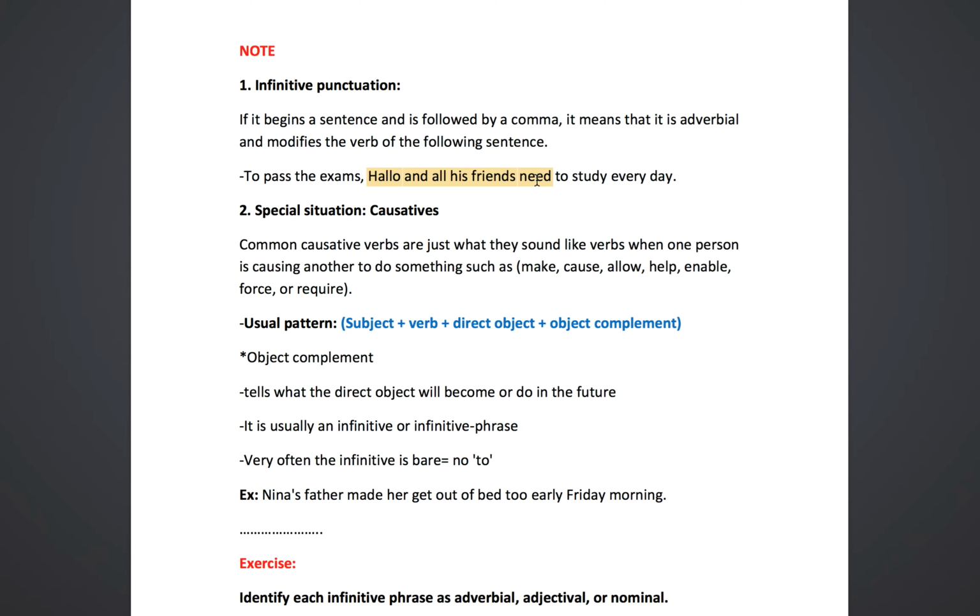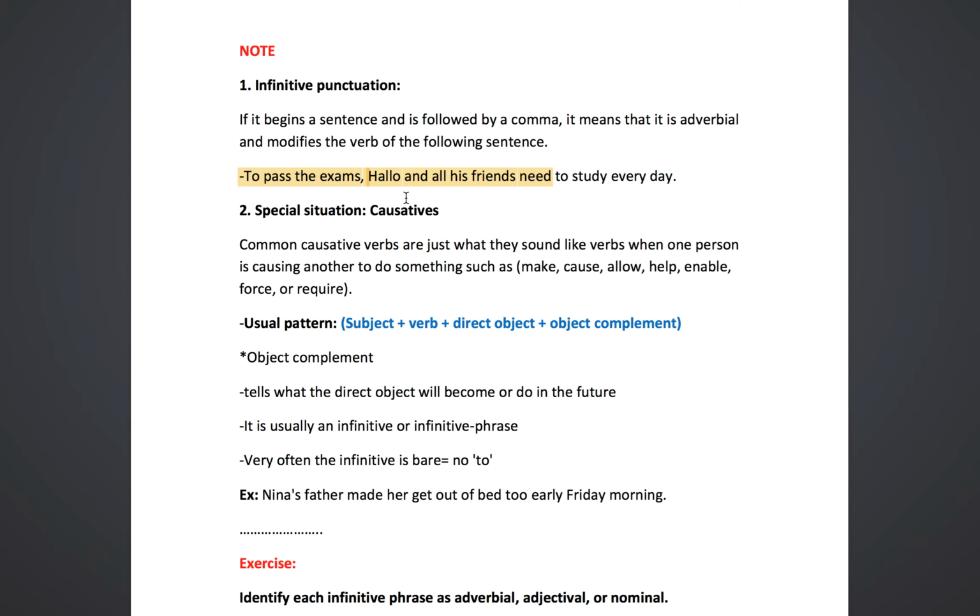So this is not an adjective because it doesn't come after the noun in a sentence. So here, by having a comma and also a subject and verb in another clause or sentence, you can determine that this is adverbial. This is functioning adverbially in that sentence.